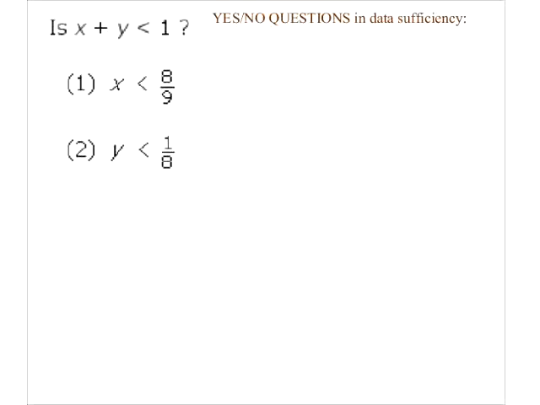What I was going at here is what Jay is saying, which is this. Your goal on yes-no questions should be to see whether you can get both answers, yes and no. In other words, you're trying to prove insufficient, and only if you can't get that to happen would you concede that it's sufficient. So let's take a look here.